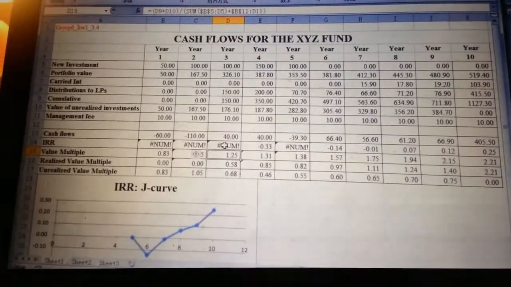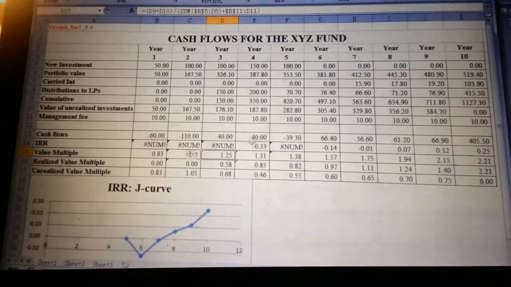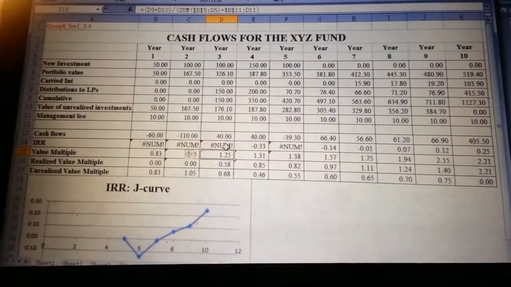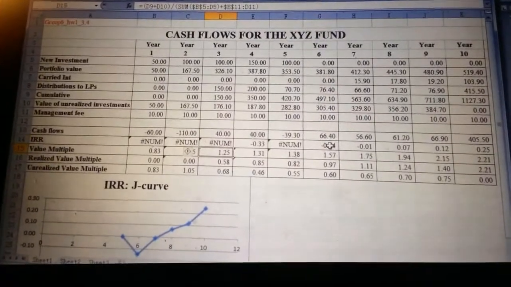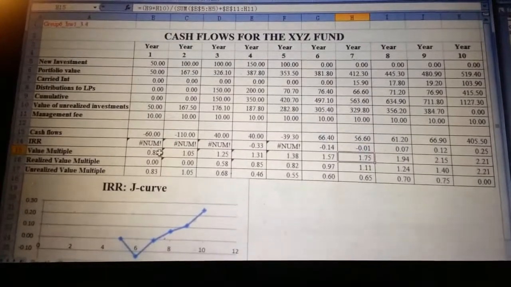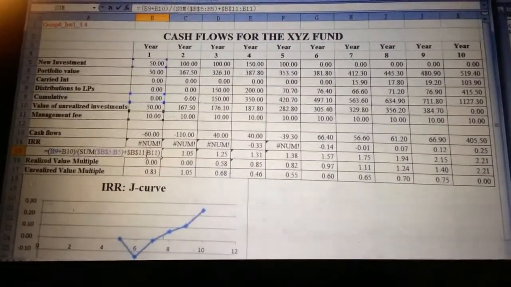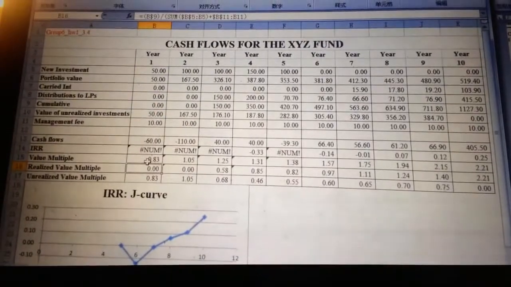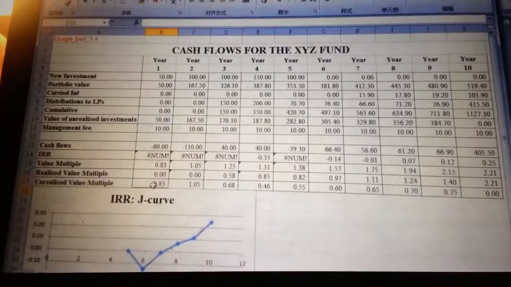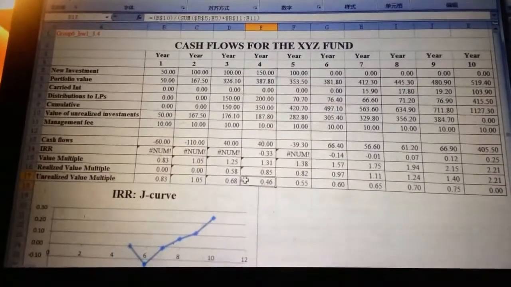Because in the beginning years there is not much positive cash flow, the number for IRR is not valid. Starting from year 6, we have valid IRR numbers. Then, using the formula shown on the screen, we can find the value multiple, realized value multiple, and unrealized value multiple for each period.